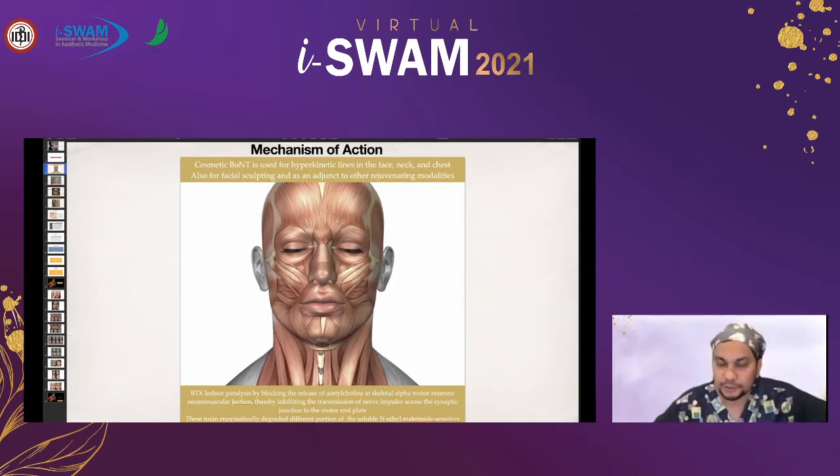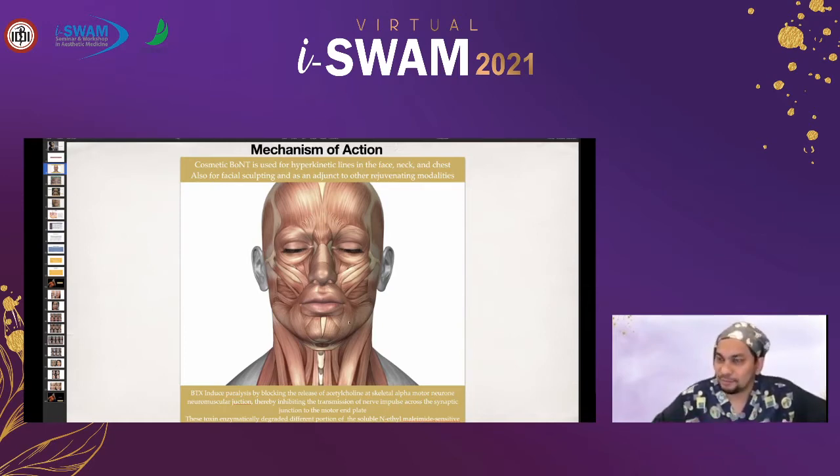So to balance, to push the angle upwards, we need to inject some dose of botulinum toxin at this muscle. And then it gives you an upwards lift because we make this muscle weak.